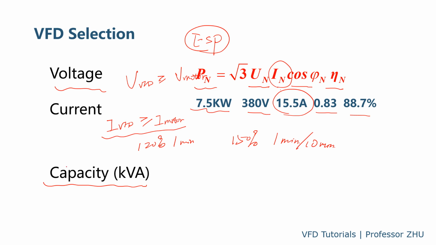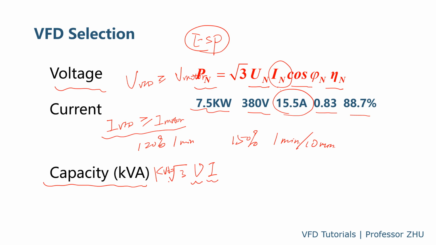But for the drive, normally we define the drive in kVA. kVA is like this: voltage and current. Okay. So we cannot say how many kilowatts the drive is, but we can say how many kVA, because you have the voltage and your current, then you get the kVA. But how many kilowatts is different for different motors.